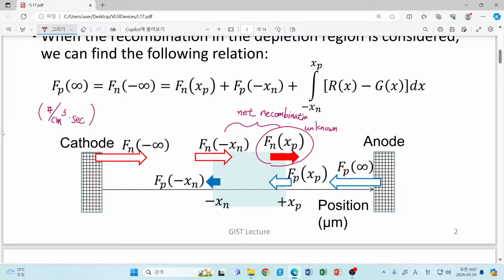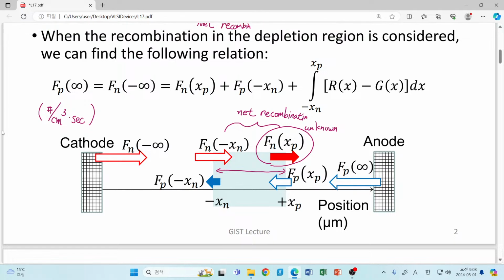However, what we wanted to know is, here we have a finite length of our depletion region, so net recombination can be distributed. For example, let's draw one typical example like this. At this point, we have the most significant recombination.